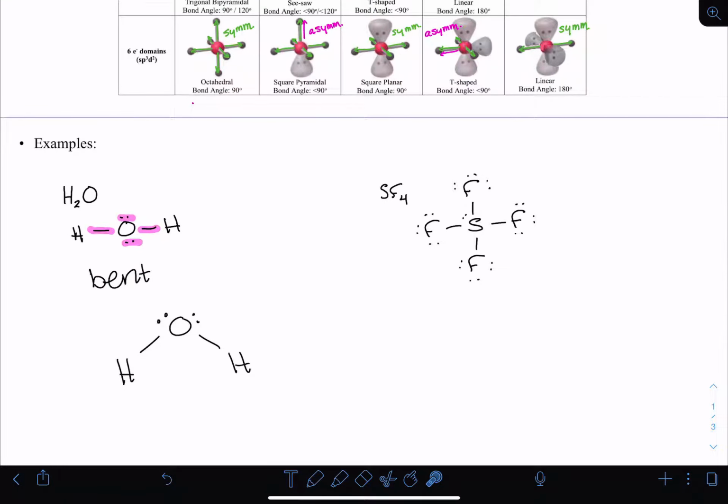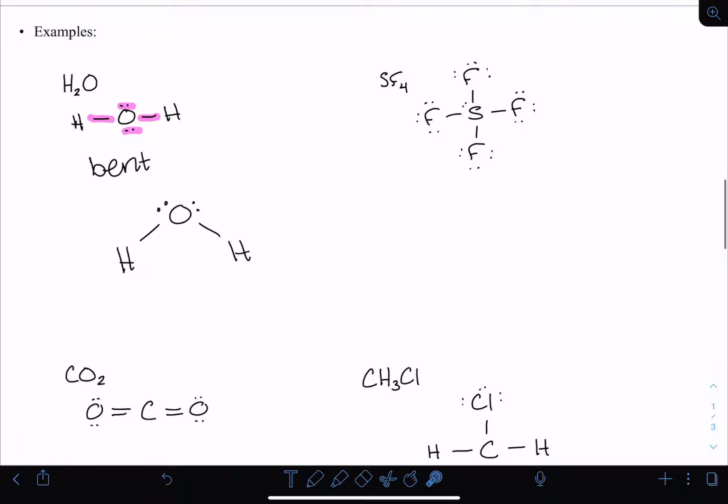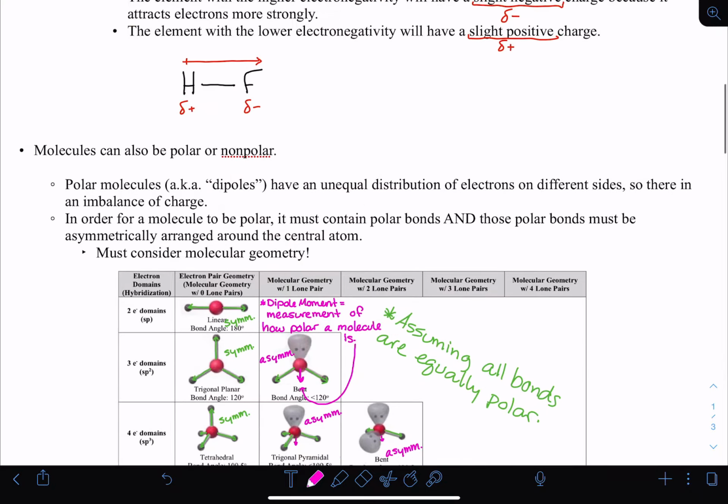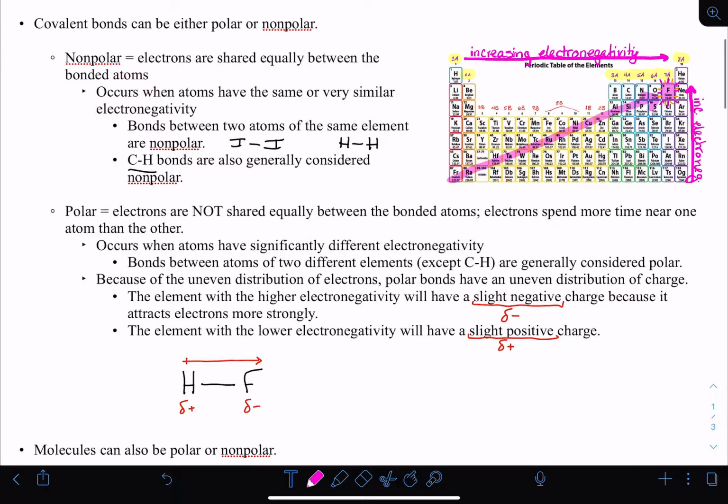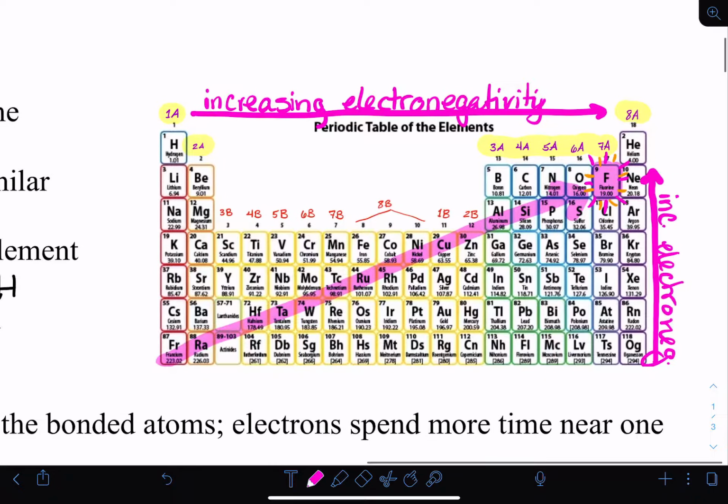So in determining if water is polar or nonpolar, first we need to figure out if the bonds are polar. The bonds are between oxygen and hydrogen, 2 different elements, not carbon-hydrogen. So our bonds are polar. And oxygen is more electronegative than hydrogen. Hydrogen's kind of off on its own, I know, so it's a little bit hard to fit into this trend that we've discussed.